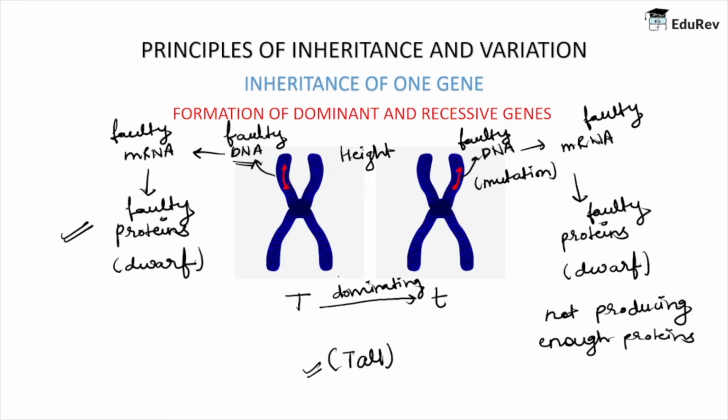Now the symbol will change to the recessive gene, small t. Now these both are not dominating each other, and if they are not dominating, that means they are expressing themselves as recessive genes which encode for dwarfness, and the plant will become dwarf in this case.